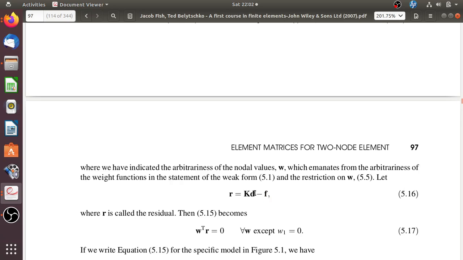After we apply the boundary condition, we know some of the values of this d vector, and we know the remaining values for the f vector.